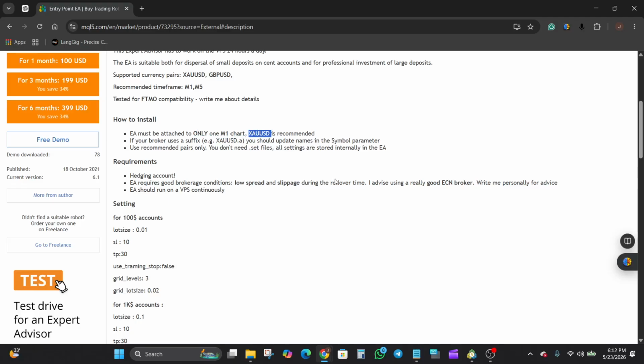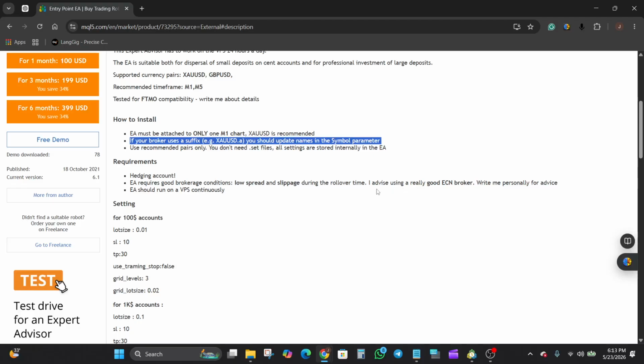There is also a note about symbol suffixes, which is important because some brokers modify instrument names and that could affect how the EA reads market data. At this point, the features start to come together as a structured scalping system with strict entry filtering, designed to operate continuously under specific market conditions rather than across all environments.